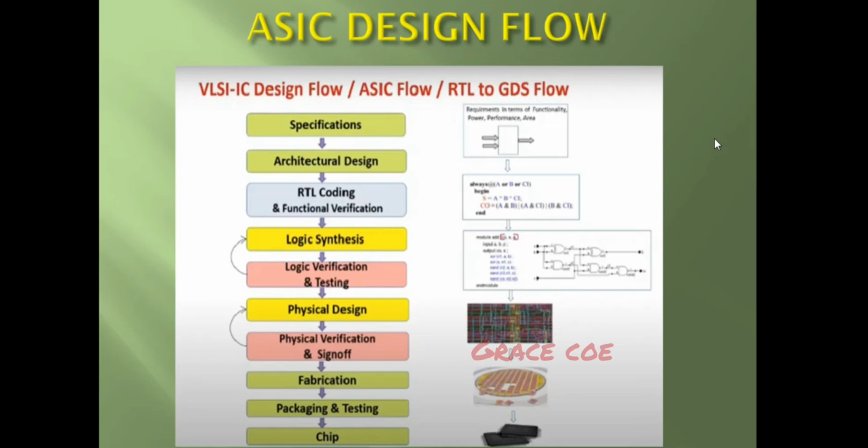Next comes the logic verification after the logic synthesis. Here we'll be checking for the correctness of the logic. In case there is any mismatch between the logic specified in the specifications and the structural code, then the corrections would be done over here until it meets the specifications.